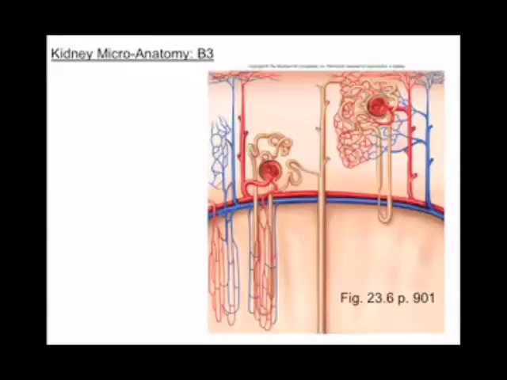We also have an additional blood supply. Besides that blood supply that supplies the nephron, the glomerulus itself, we can see that efferent arteriole dips down into the medulla and forms a capillary network called the vasa recta. So we have this vasa recta here.